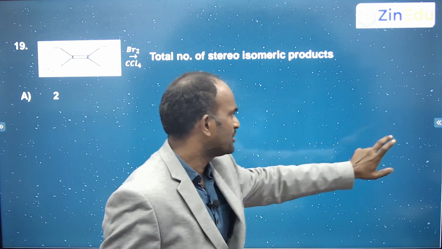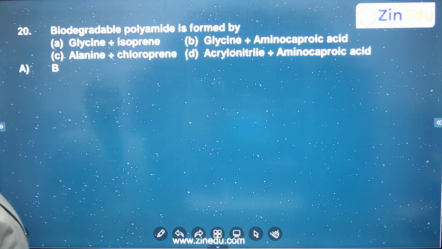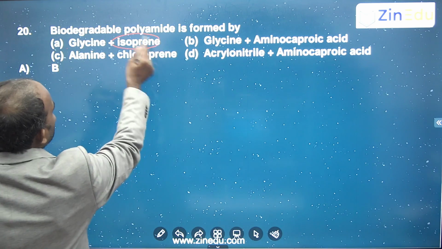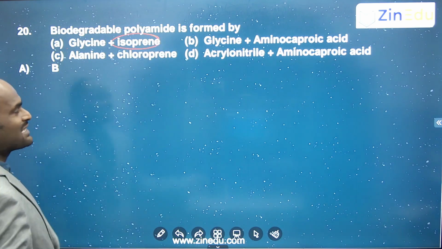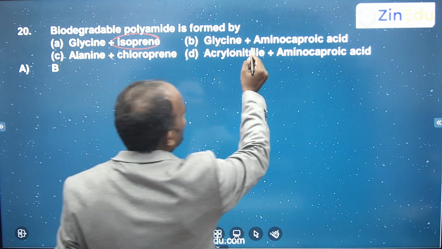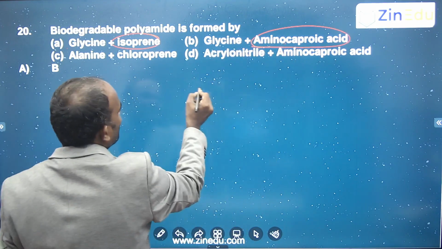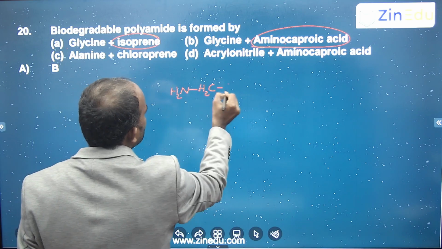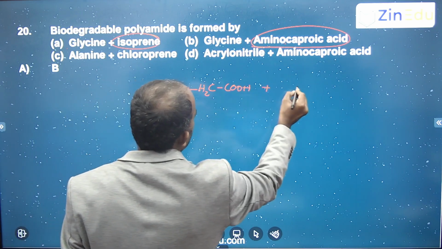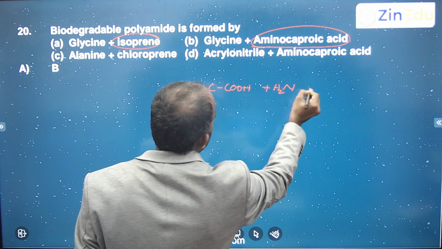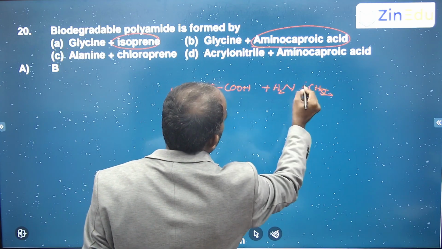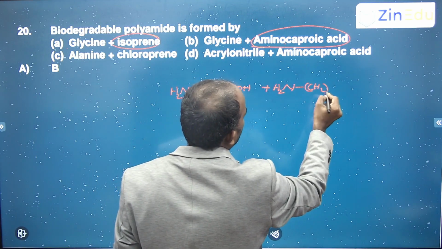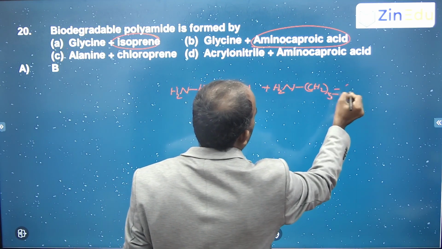One question, we just went forward. Biodegradable polymer. Glycine, isoprene. Isoprene is a synthetic compound. Glycine, aminocaproic acid. Glycine we know is CH2 NH2 COOH, plus NH2 CH2 taken 5 times COOH.